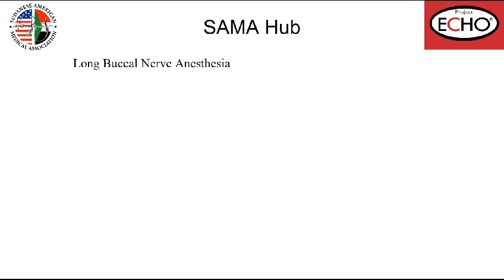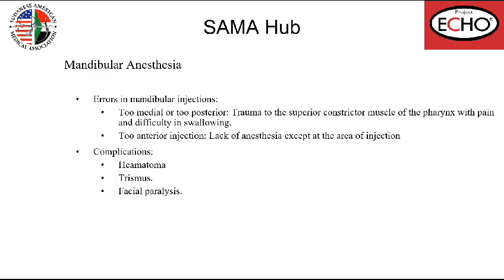And of course, one of the most important landmarks that we didn't mention is the premolar area of the contralateral side. As we mentioned in the maxillary anesthesia, if you are going to give a greater palatine nerve block, you should come from the contralateral side.